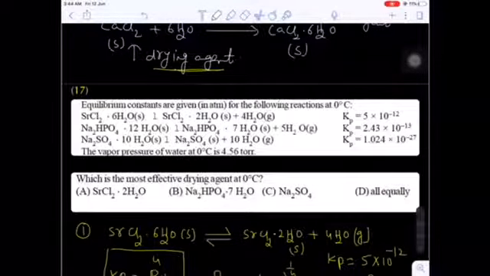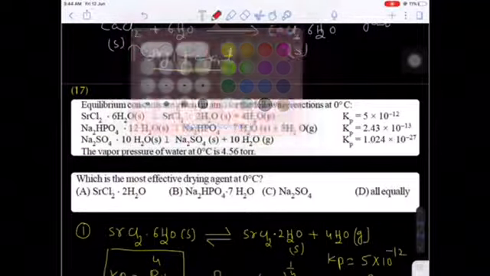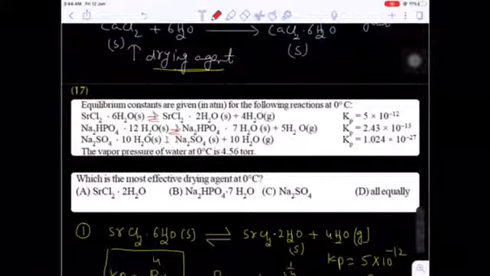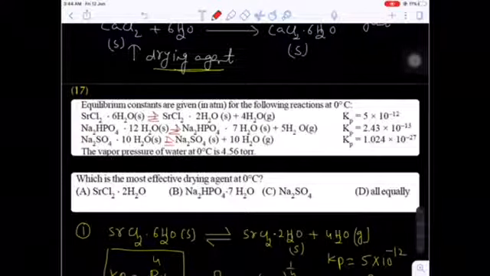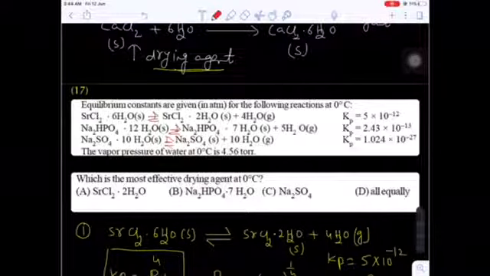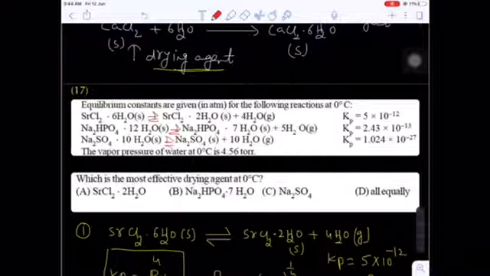The equilibrium constants are given for the following reactions. Here SrCl2 (strontium chloride) dot 6H2O, this is the equilibrium symbol. Here also an equilibrium symbol. Now three substances are given and their Kp values are given.